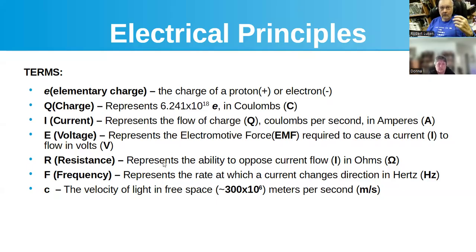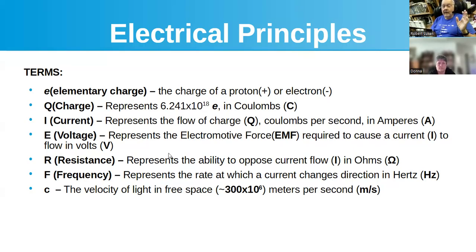And resistance is the opposition to current flow. We measure that in ohms, and we use R to represent the resistance. Now, we'll also talk about in a little bit reactance. We also measure reactance in ohms because it's the opposition to current flow in frequency dependent devices like inductors and capacitors.